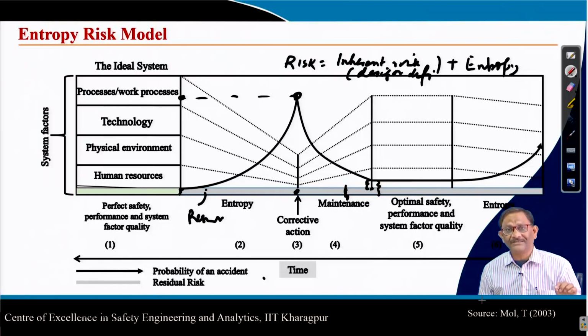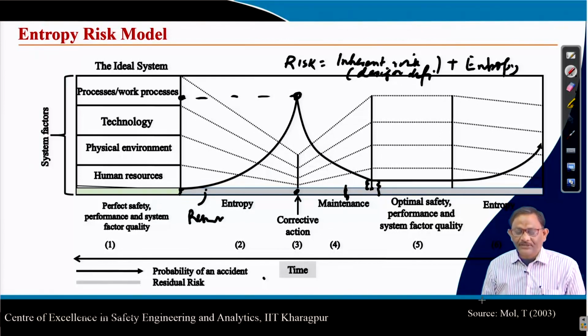In a nutshell, please understand that inherent or residual risk by design is the risk we have to work with. But the rest of the risk, what is introduced over time, is called entropy risk. This is because of the deterioration of the system components, where we have a lot of things to do.